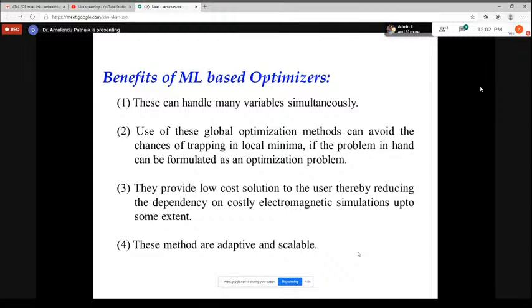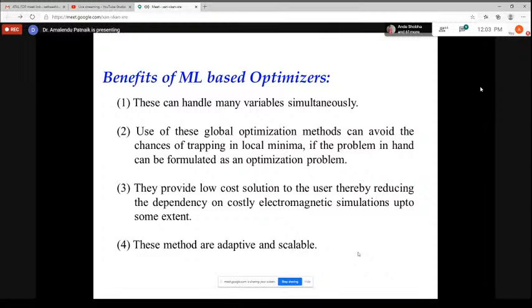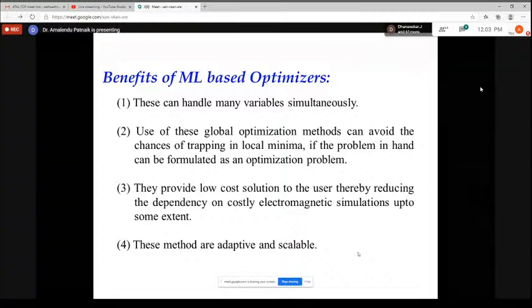Costly in the sense of the simulators, not only monetary wise, but also time of computation and complexity of the problem. Those are all costly problems. But these optimizers provide a low cost solution, thereby reducing the dependency on costly electromagnetic simulators up to some extent.